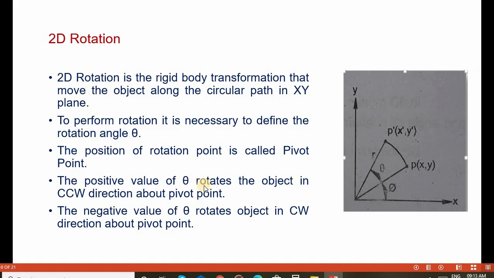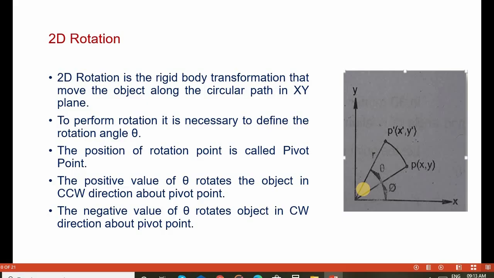The positive value of theta rotates the object in the counterclockwise direction about the pivot point. If you put a positive value for the angle of rotation theta, the object rotates counterclockwise about the pivot point. The negative value of theta rotates the object in the clockwise direction about the pivot point.